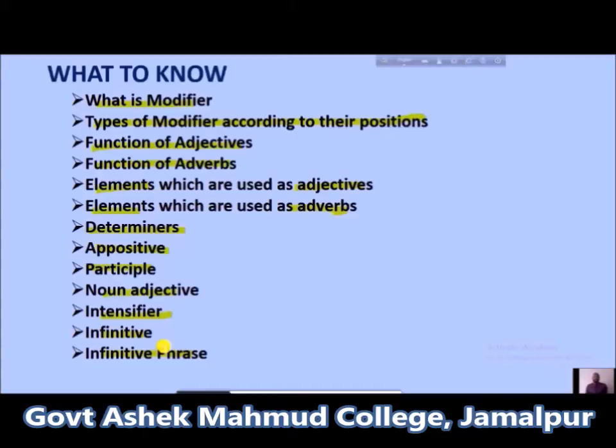Dear learners, throughout our discussion, we will try to learn all these elements one by one.